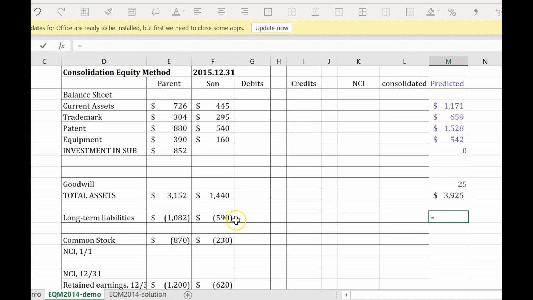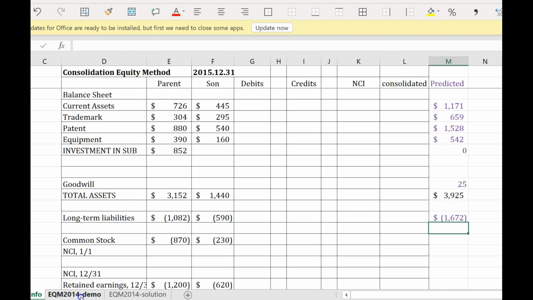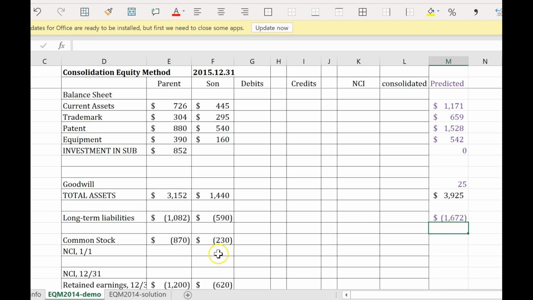Liabilities would be the parent's number plus the subsidiary's number. Okay, but because the subsidiary's long-term liability is overvalued by 40,000 minus 2 multiplied by 5,000, that's 10,000. So the remaining overvaluation would be 30,000, right? 30,000 overvalued, which means it would be the 590 minus the 30,000.